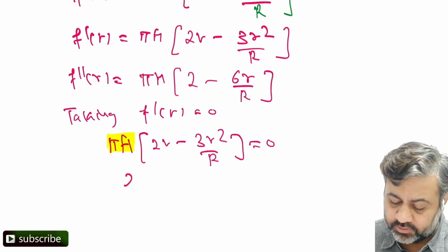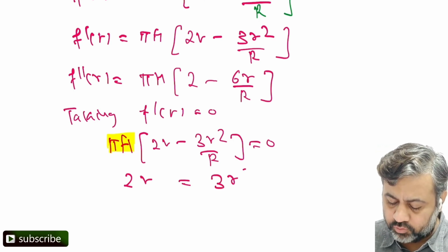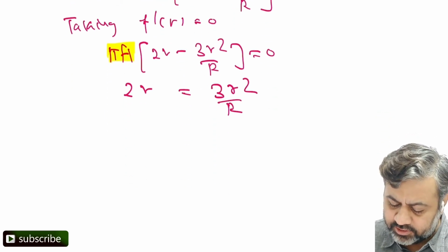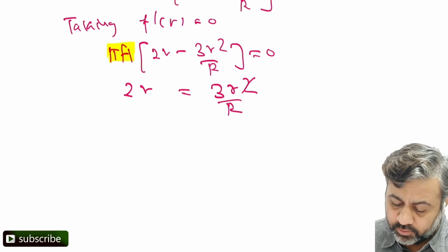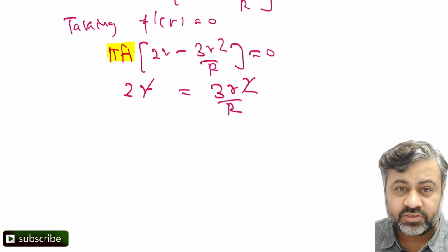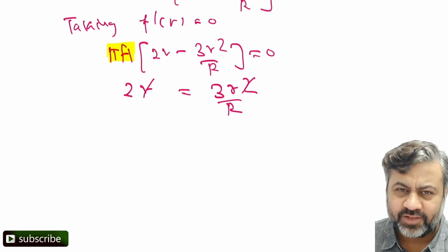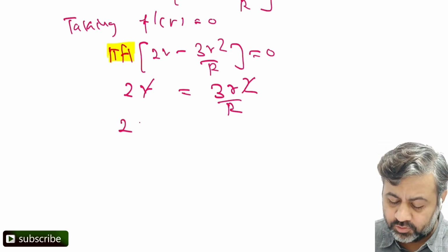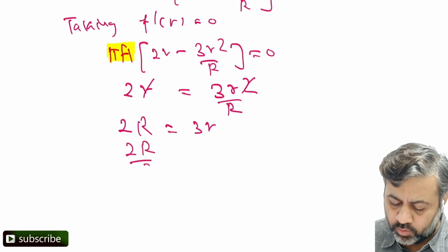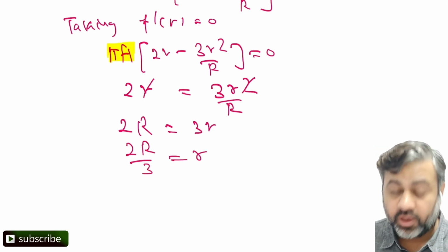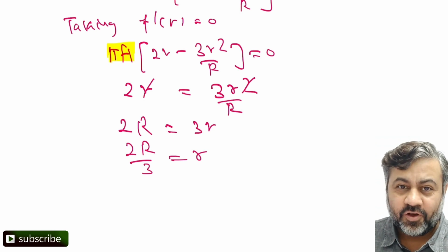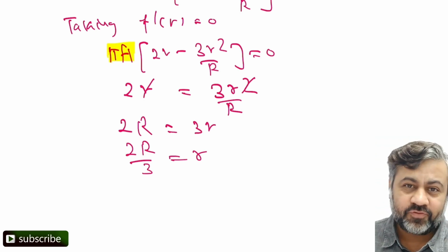So we get 2r equal to 3r square upon R. Let's simplify this a little. We can easily cancel r from both sides, because the radius is not equal to 0. So this is 2 times capital R equal to 3r. So we get 2R upon 3 is r. So I got the radius of the cylinder in terms of the radius of the cone.